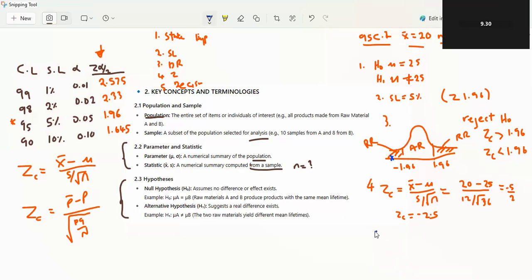Number 5, the conclusion: since Z calculated, negative 2.5, is less than negative 1.96, we reject H0. And what is the meaning of that? Reject H0, there's a significant difference in the means.